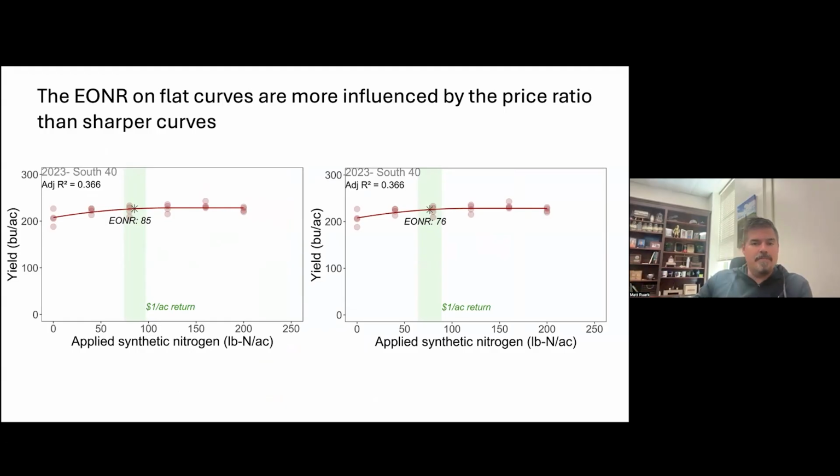In the other field, remember, there was only a 1 pound difference as the price of nitrogen went up. Based on this curve, if the price of nitrogen goes up, you want to reduce by 10 pounds. So flatter curves have much bigger effects from that price ratio.